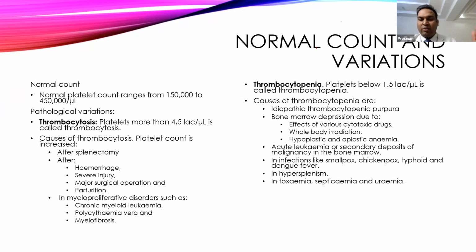So if you are putting your hand on the table, whatever part of your hand is touching the hard surface, those capillaries will rupture, and that immediately gets repaired also. But when the platelet count decreases, that repairing process will become either delayed, very slow, or not happen at all. So the capillary will rupture and it will not immediately get repaired.